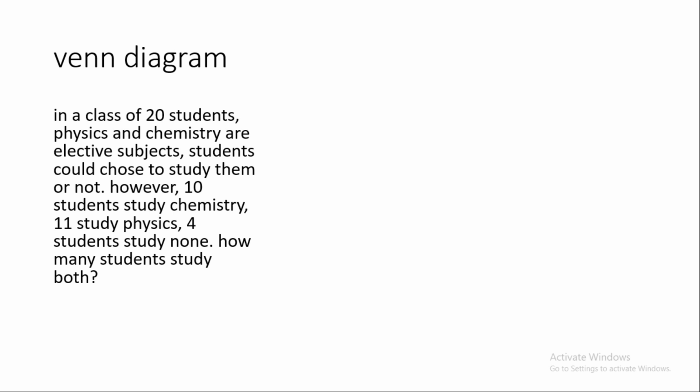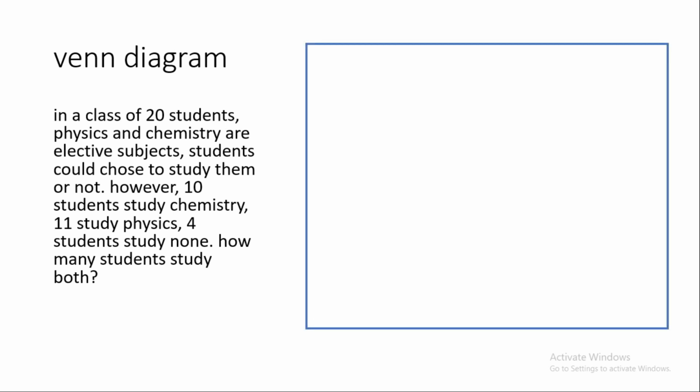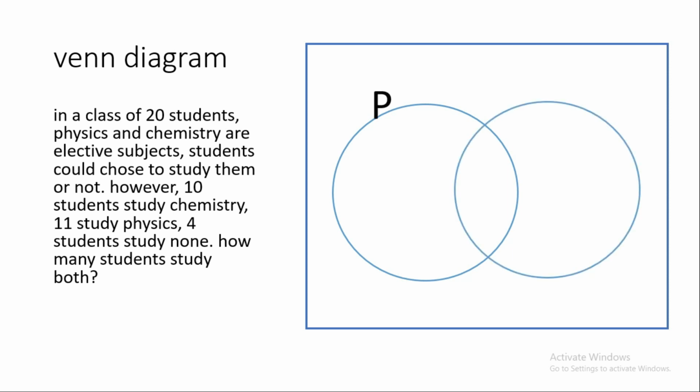So now let's first draw out the Venn diagram. First circle and the second circle, where the first circle is P for physics, the second circle is C for chemistry.